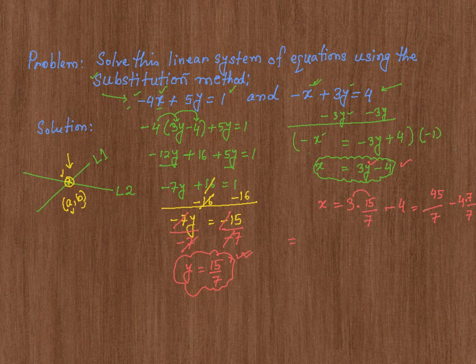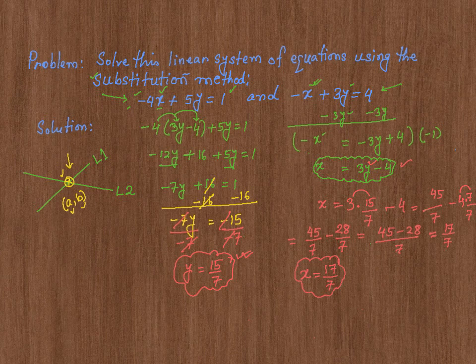So that gives me 45 over 7 minus 4 times 7 is 28 over 7, which is equal to 45 minus 28 over 7, which is equal to, by the way, 17 over 7. So my x is going to be 17 over 7.